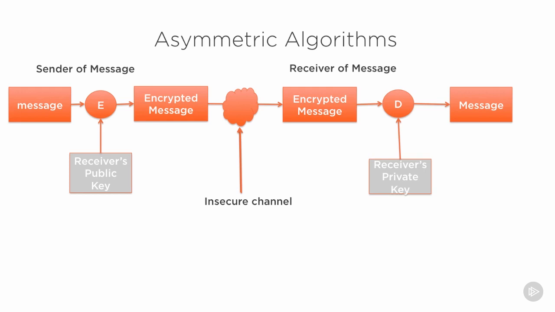Now the receiver would be able to read the message. But you can see that this, for example, provides excellent confidentiality, because even if we have a man-in-the-middle attack, the man in the middle is not going to be able to read or understand the message because we know the receiver would never let anybody have their private key.